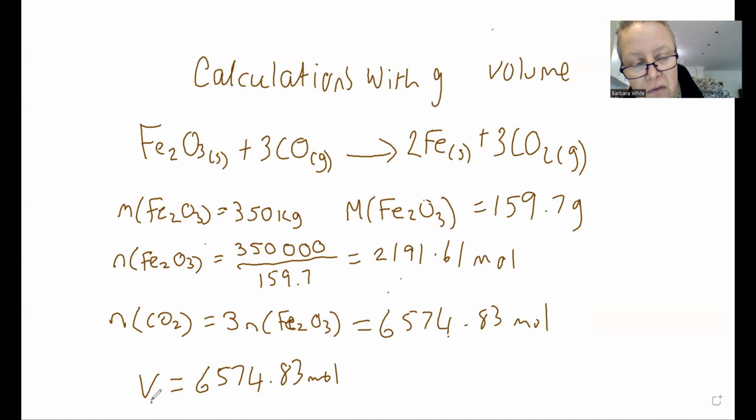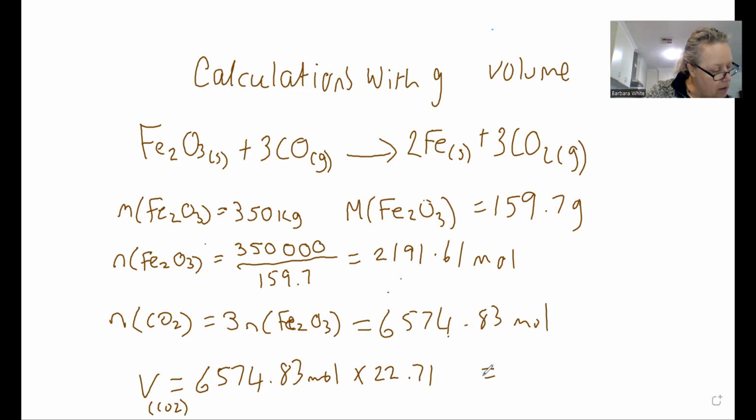Volume of CO2 is 6574.83 times 22.71. So I'll just pick up the calculator and go times 22.71 equals, and I got 149313 litres. Well, we should probably turn that into kilolitres. 149.3 kilolitres.